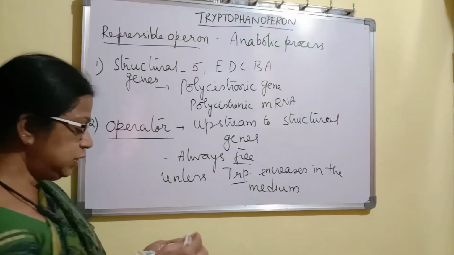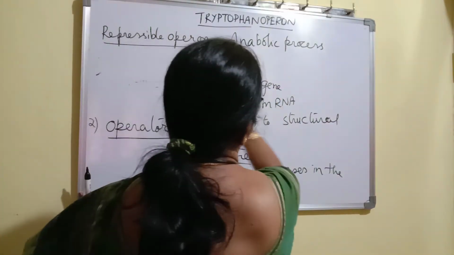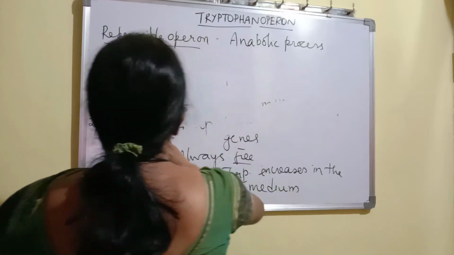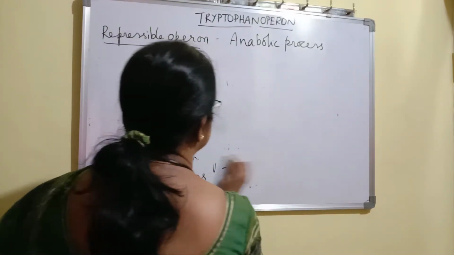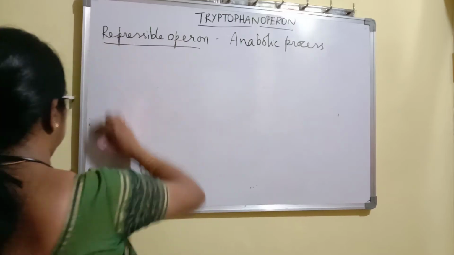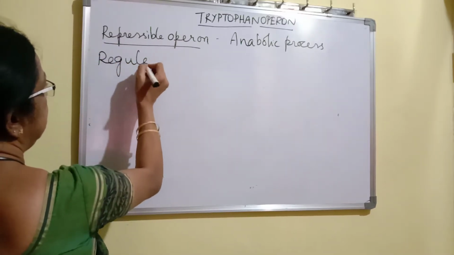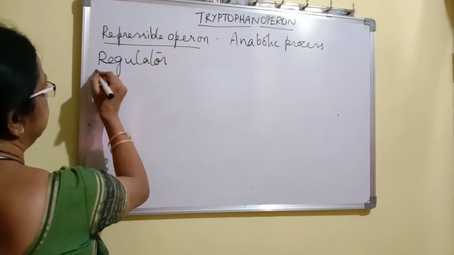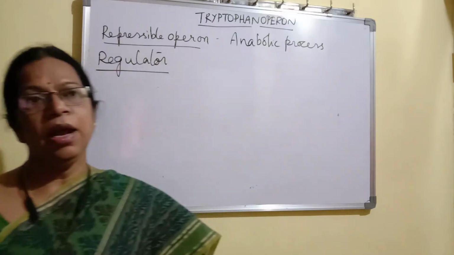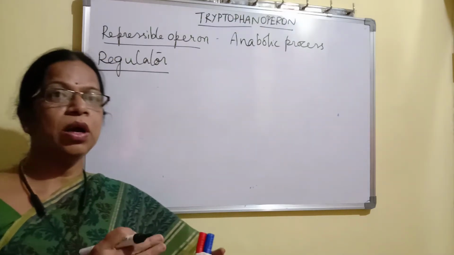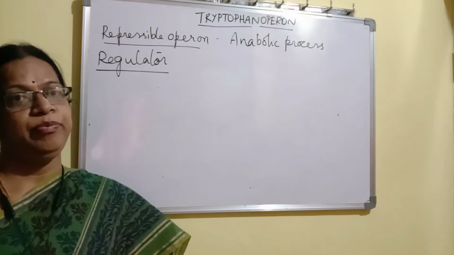Now the next component is called the regulator gene. The regulator gene actually is not present along with these; it is present separately.